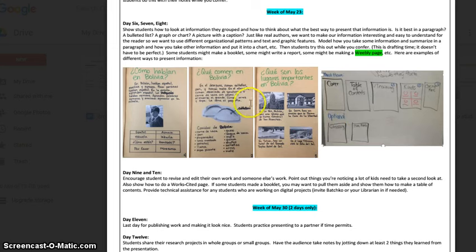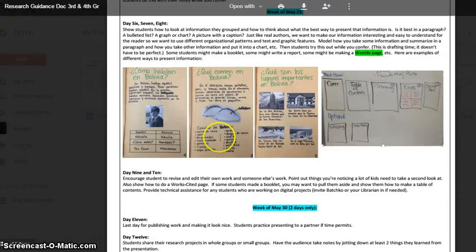So this is really neat. It's probably one of the best ways to get kids to really understand how and why authors group information in certain ways, and it teaches a lot about making choices for how to use text and graphic features. Your students can make a booklet just like this, or some of them might want to make a Weebly page that is dedicated toward their research topic.